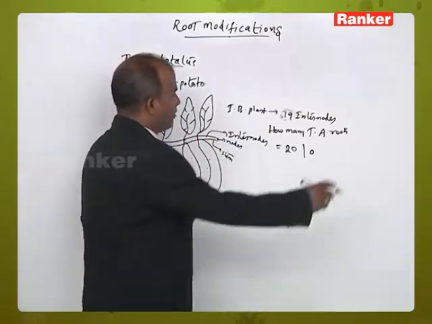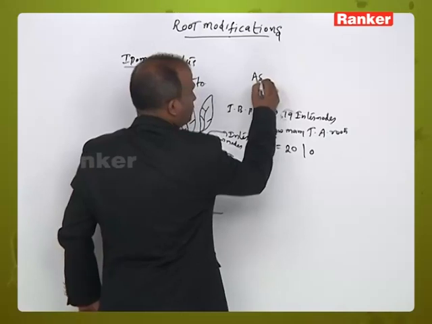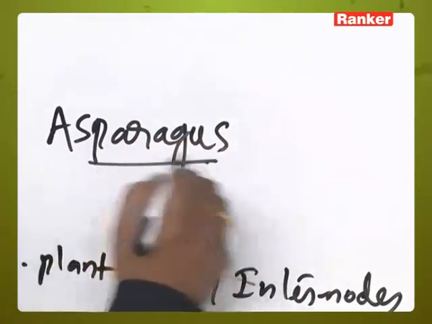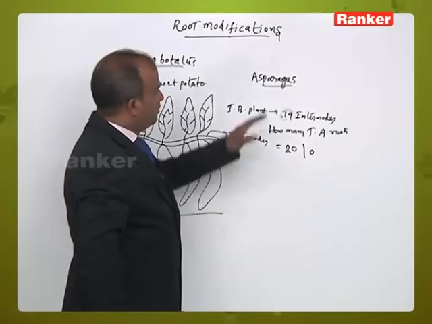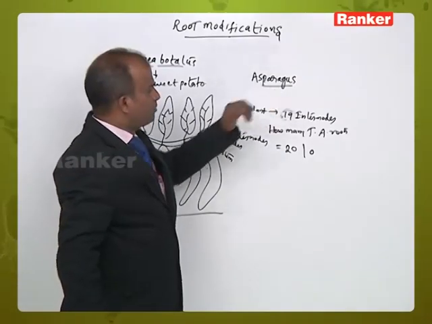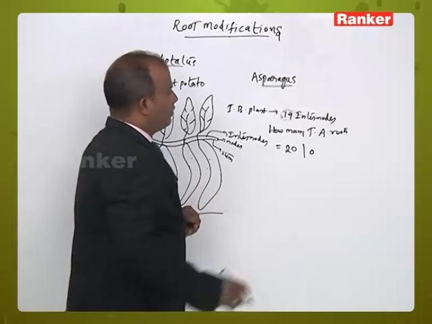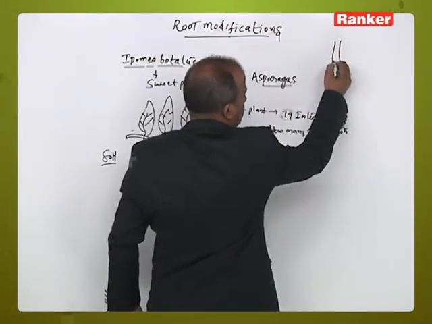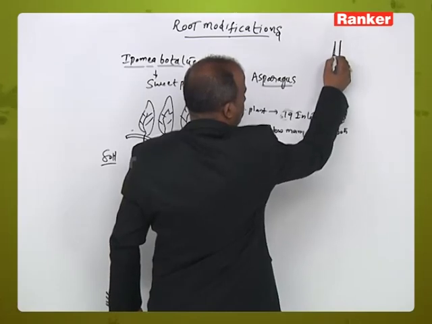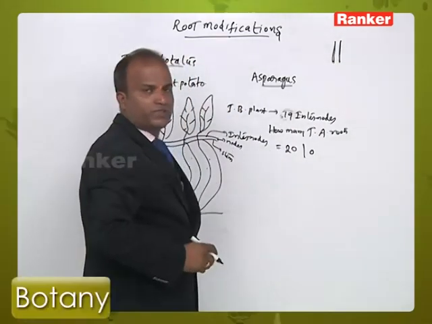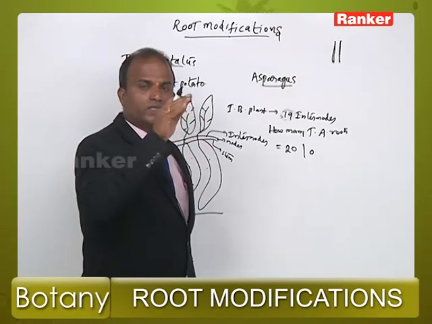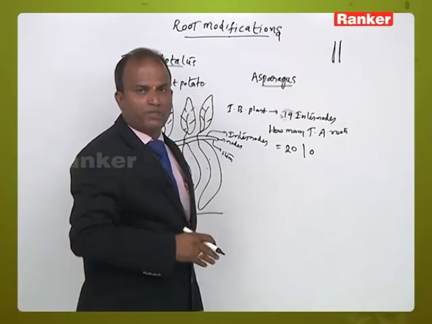The next example is nothing but asparagus. In asparagus, from the basal portion of the stem, cluster or fasciculated tuberous fibrous roots can be seen.